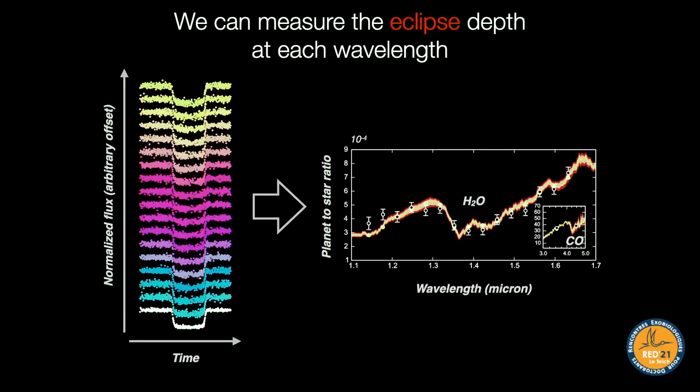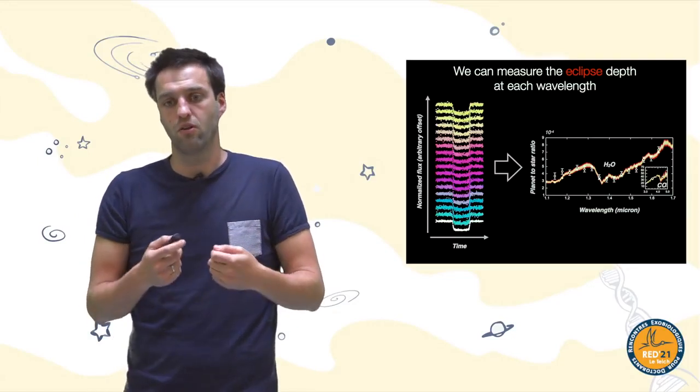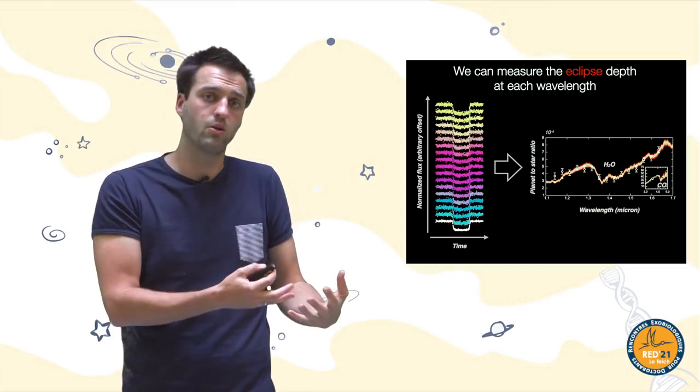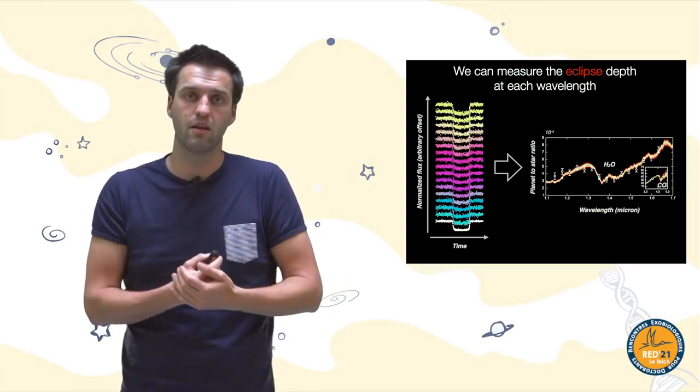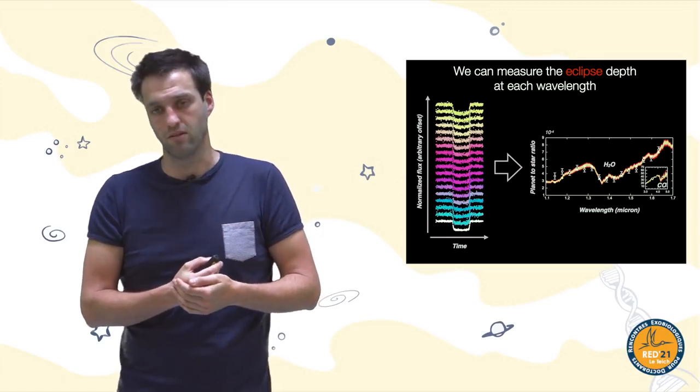That's why we see higher in the atmosphere, and so if we have an atmosphere whose temperature decreases with height, the flux in this wavelength region should be smaller than in the region around it, and that's why we know from this data that there is water vapor in these planets. Of course, I'm talking here about hot Jupiters, so when I talk about water, you have to understand that I'm not talking about liquid water, but really about water vapor at temperatures of several hundreds of degrees, if not thousands.